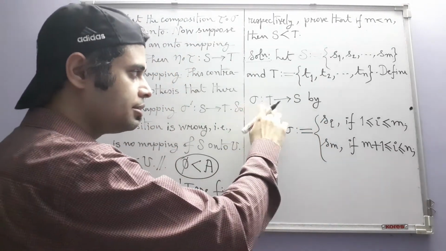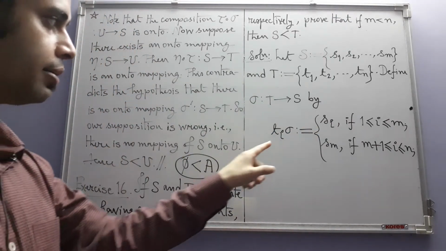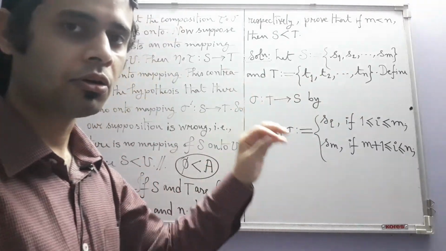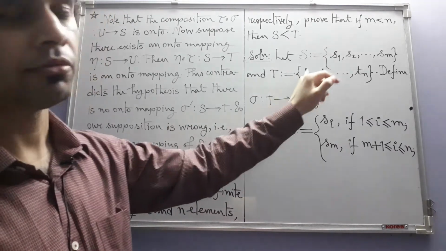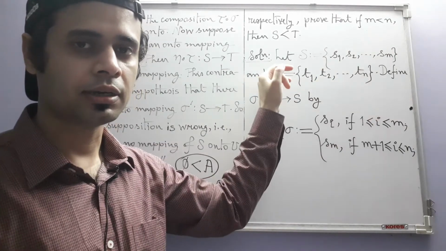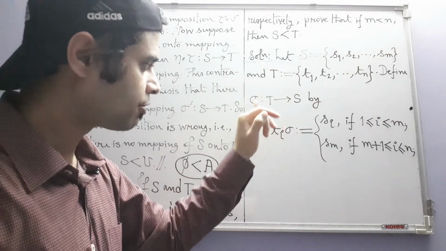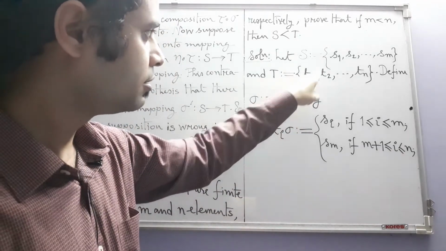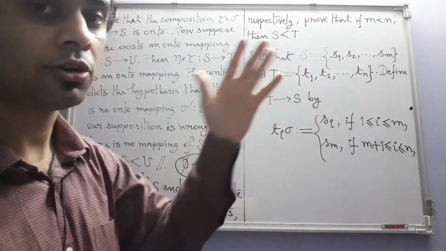So sigma is a mapping from T to S. One more thing is that the elements Ti all depend on i, and for one i there is only one element. These are distinct n elements in the set capital T. So if I have chosen Ti, then for Ti, i is unique. For this T element the suffix is 1 and it is not anything else.